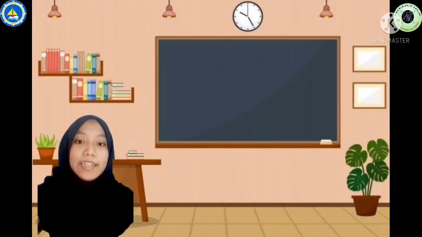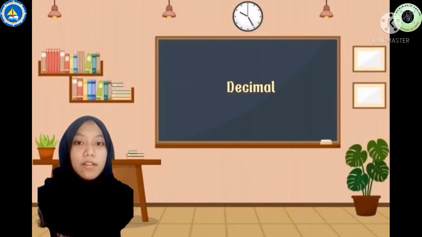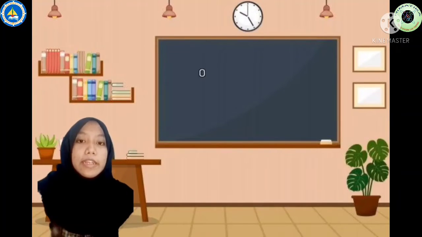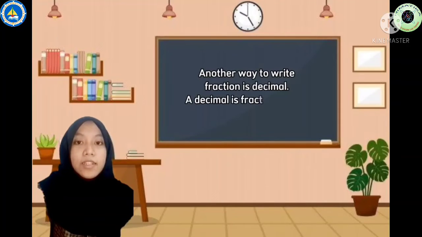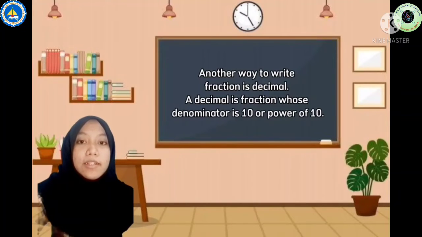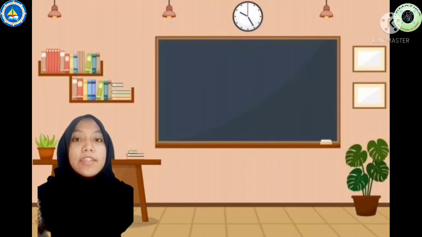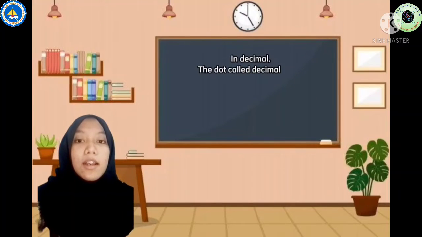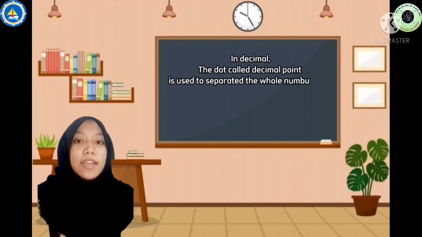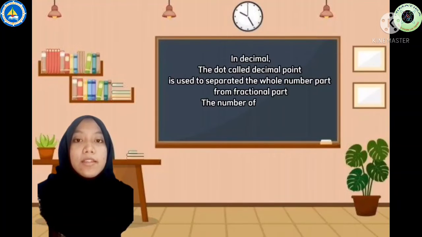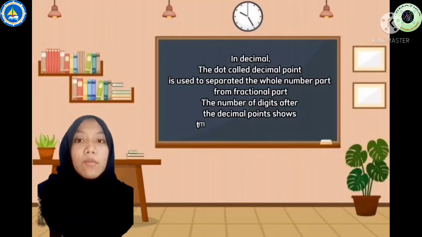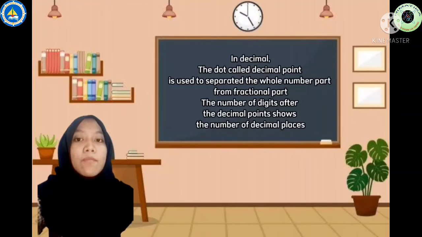Okay, next topic, decimal. Another way to write fraction is decimal. A decimal is fraction whose denominator is 10 or power of 10. In decimal, the dot called decimal point is used to separate the whole number part from fractional part.